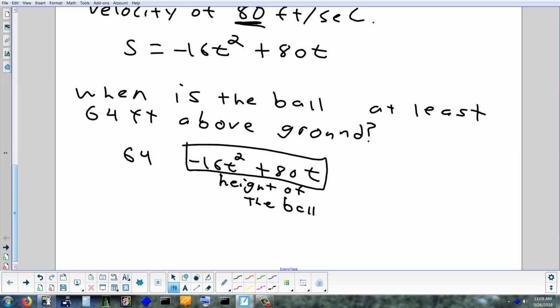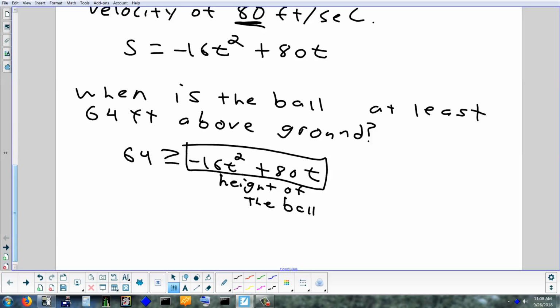So what symbol would I fill in here? Yeah, Justin? Greater than or equal to 64. Like this, that's a greater than or equal to.